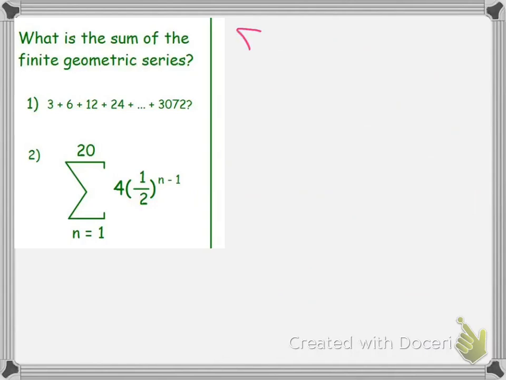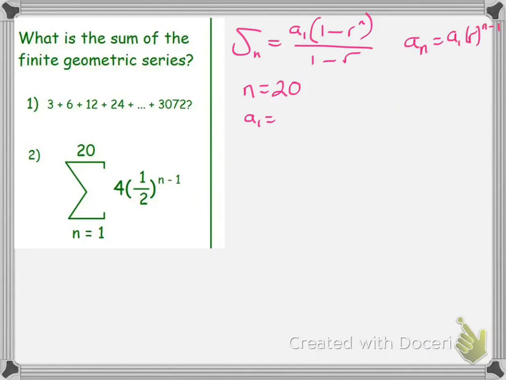So I can use that same sum formula, A1 times 1 minus r raised to the n over 1 minus r. The n in this case is going to be 20. The A1 I'm going to get from the formula.